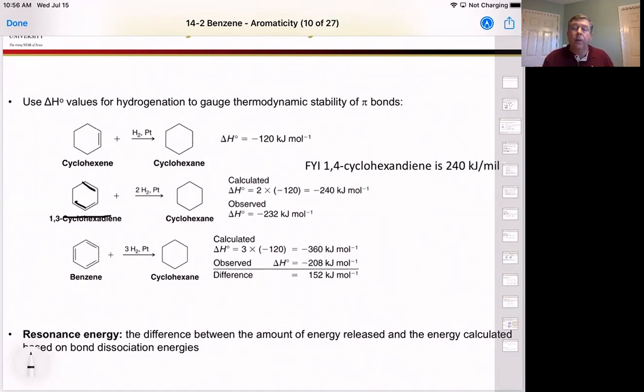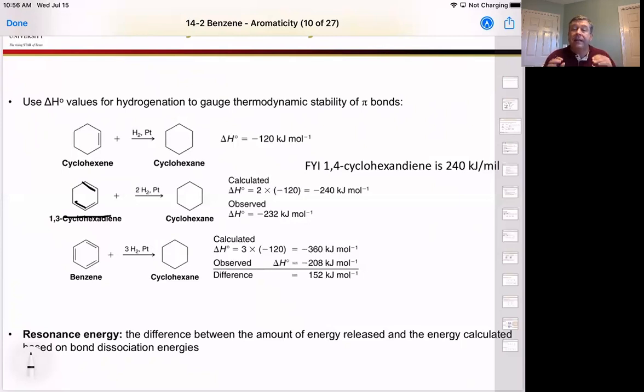Okay, so if we do the same kind of reaction with benzene, we expect it to be 360 kilojoules per mole, 120 for each of the double bonds. However, when we hydrogenate benzene down to cyclohexane, we only release 208 kilojoules per mole of energy. That means there's a difference of 152 kilojoules per mole.